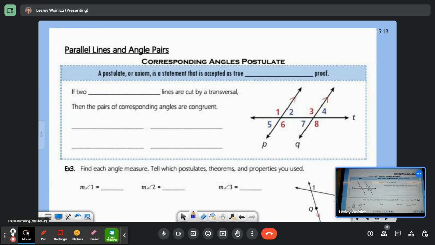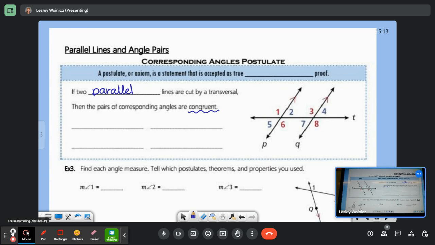Everybody ready? Okay. So if two parallel lines are cut, that means intersected, by a transversal, then our pairs of corresponding angles are congruent.